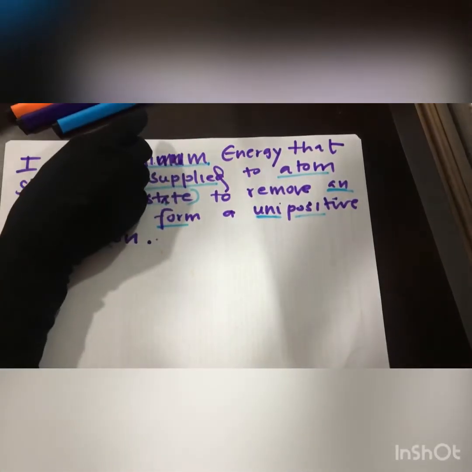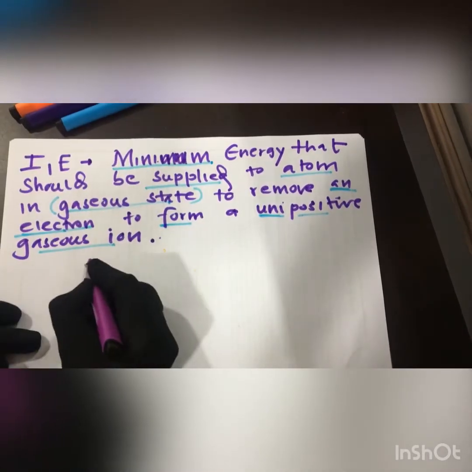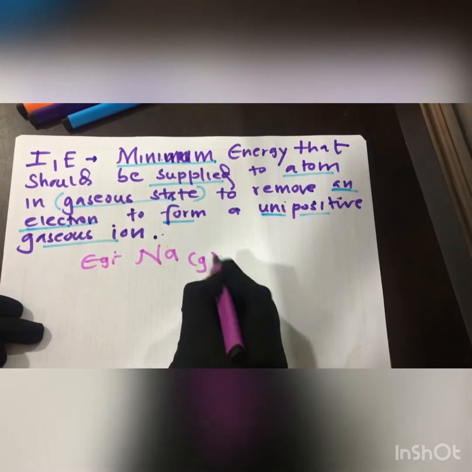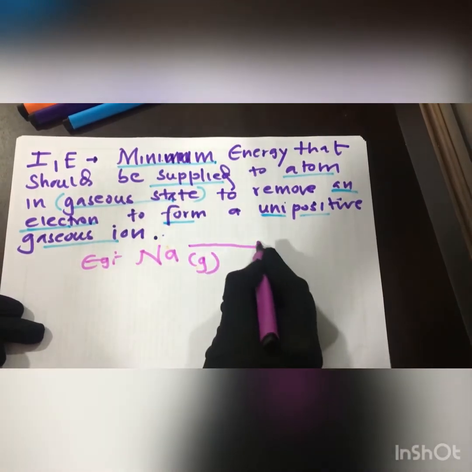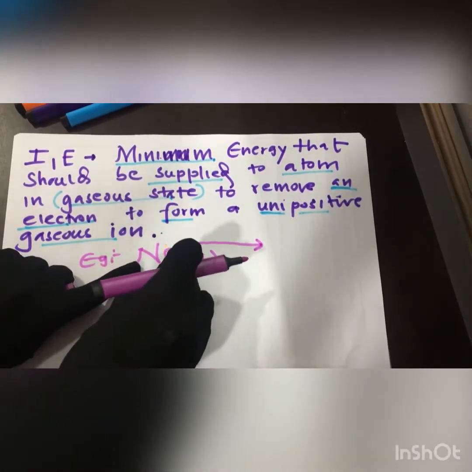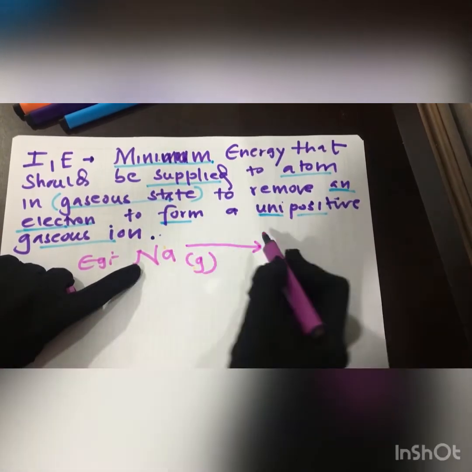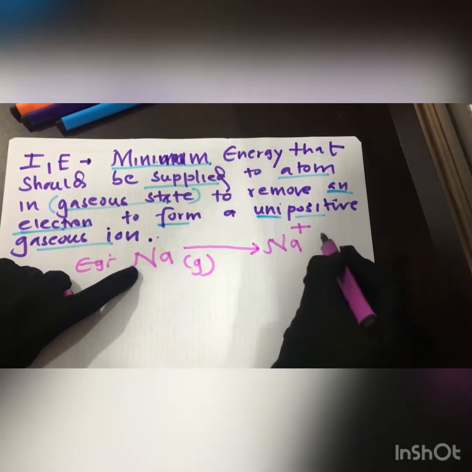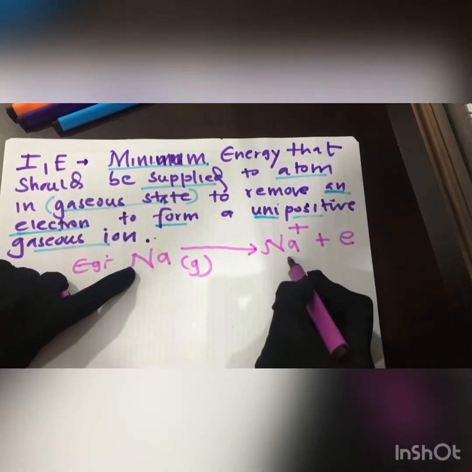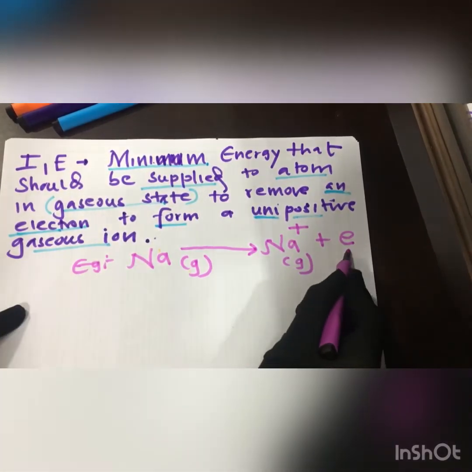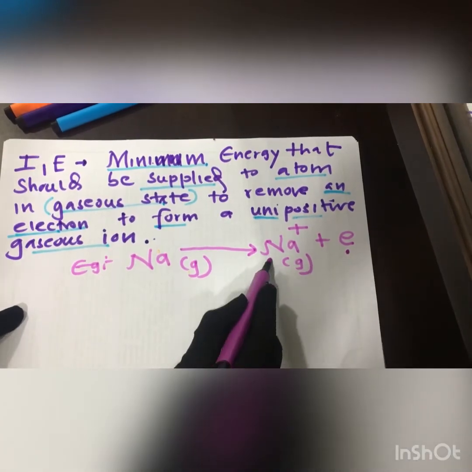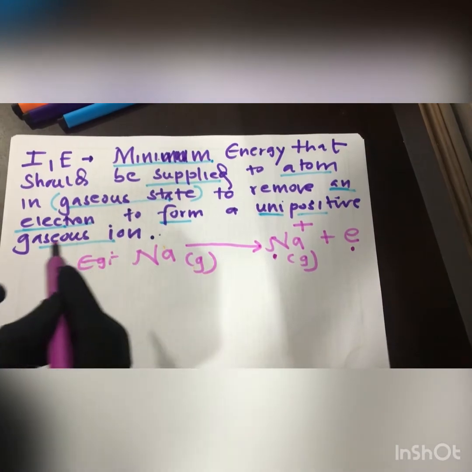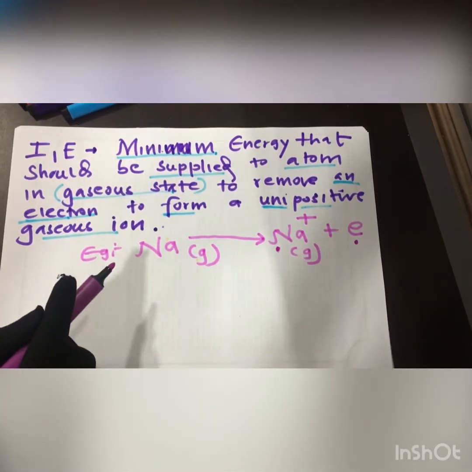For an example, we will take sodium that is present in gaseous state. We supply energy to this sodium to remove one electron, and then it forms Na+ plus an electron. One electron is removed, therefore it becomes Na+. I hope you all have understood what first ionization energy is.